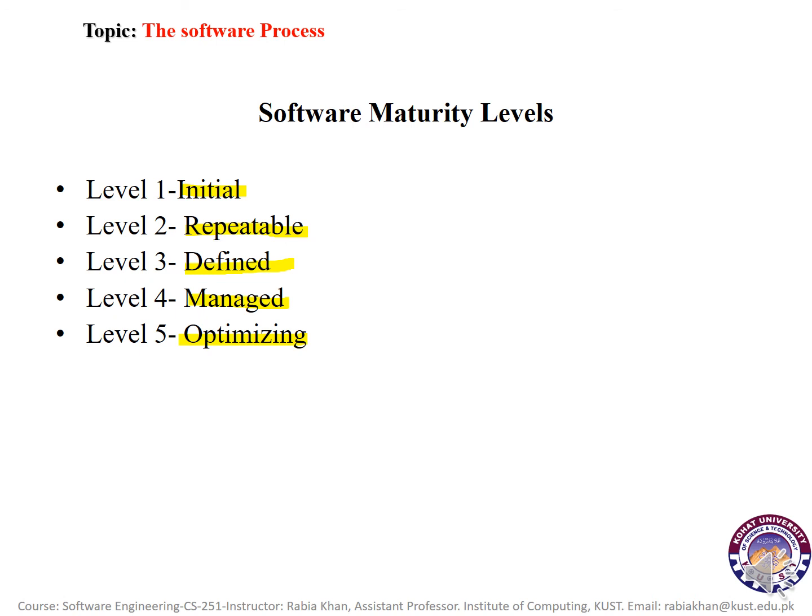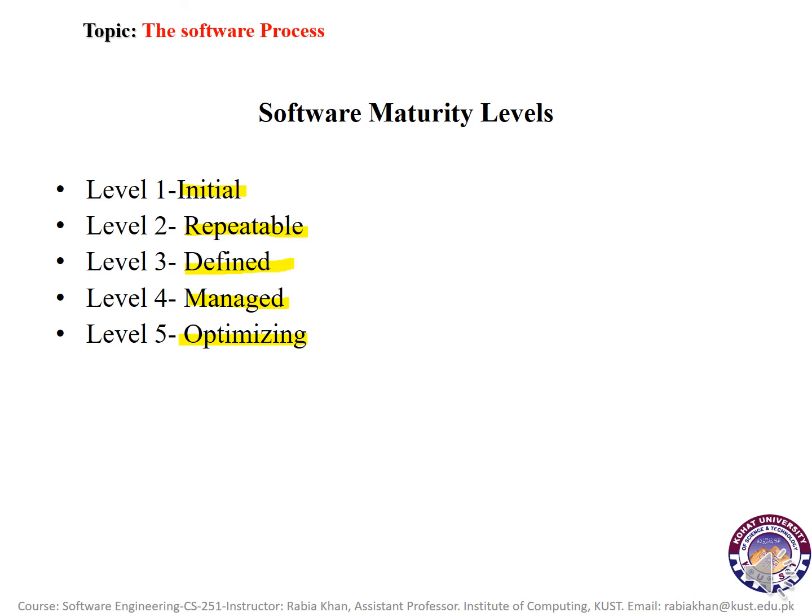So, optimized level is the last level, the 5th level, where generally software process is being refined by constant feedback from your customers, and also you need to add latest or innovative technologies to bring improvement or enhancement to your software process. It also then carries the characteristics defined in level 4. So these are the 5 levels for software maturity. Basically, this is the maturity levels for the software process.